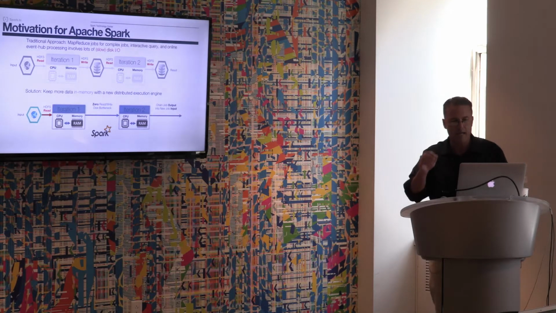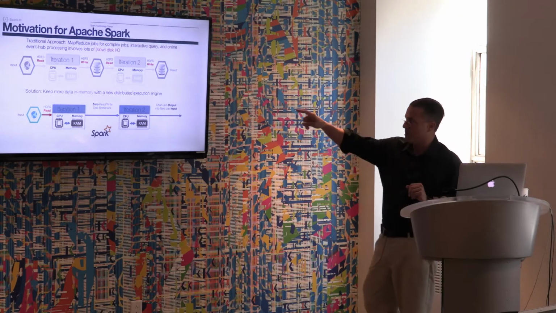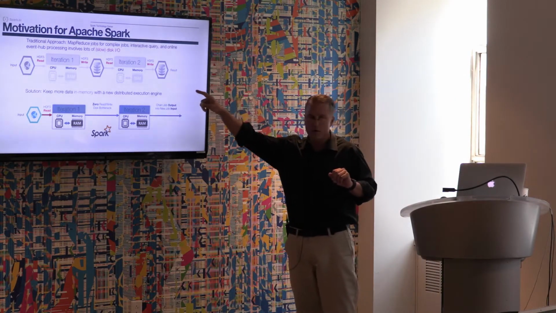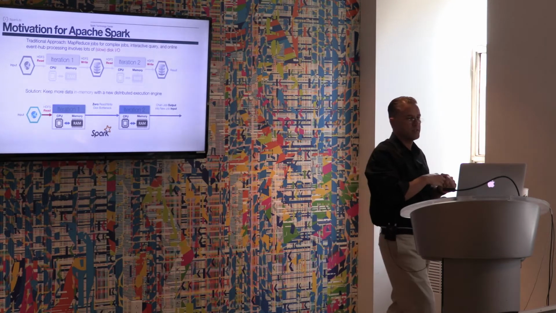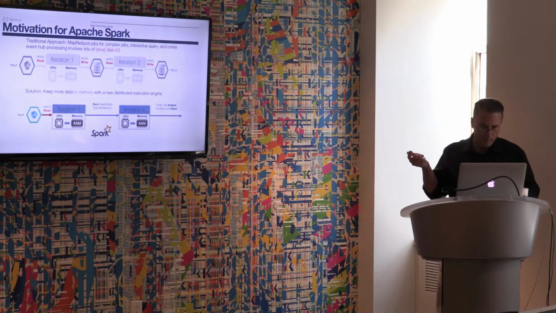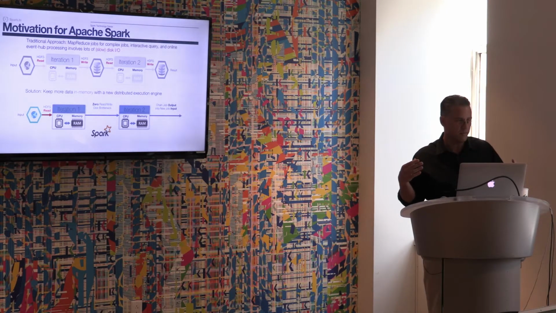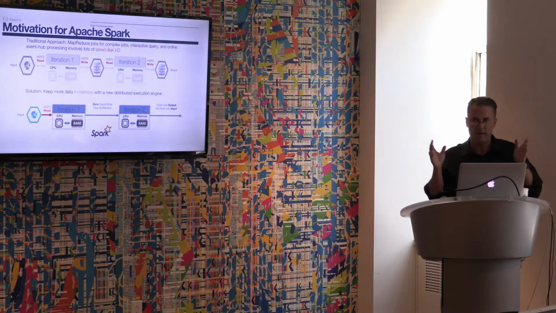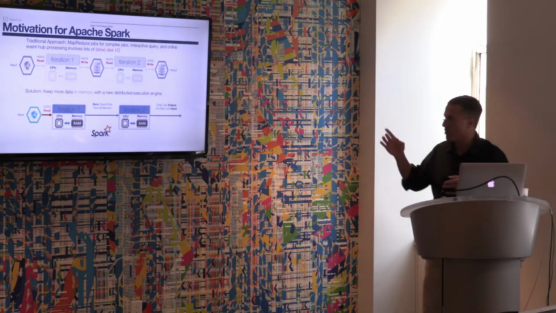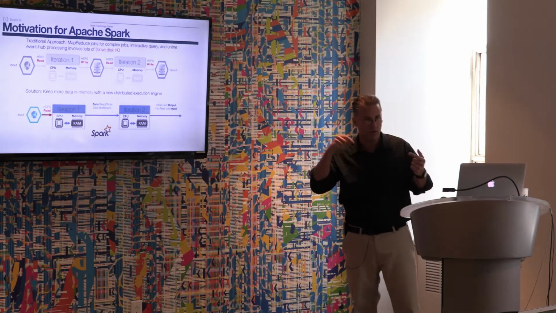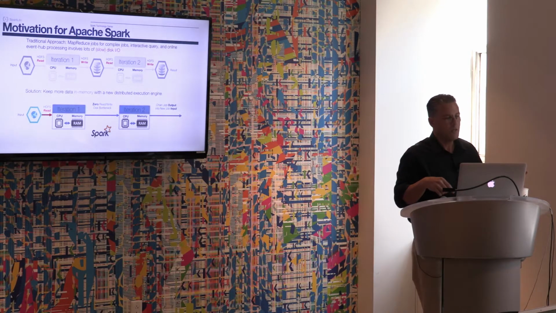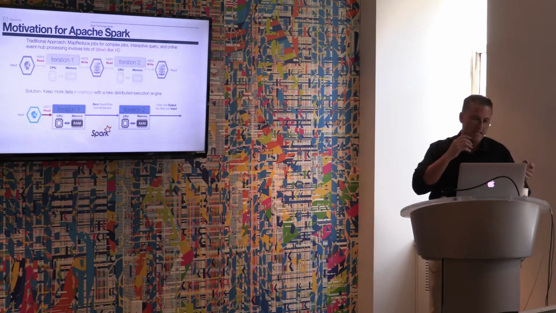Just to compare what was happening, as I mentioned before, you read and run through an iteration, and you're always disk bound on all of these operations. The resilience in the Hadoop file system is that you have data stored in triplicate across your cluster. So the resilience is at the file system level, but if something crashes in the middle of your iteration, you have to start all the way back from zero. Spark takes that one step further.